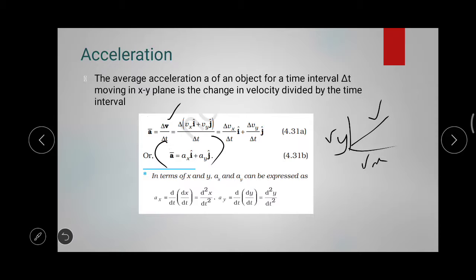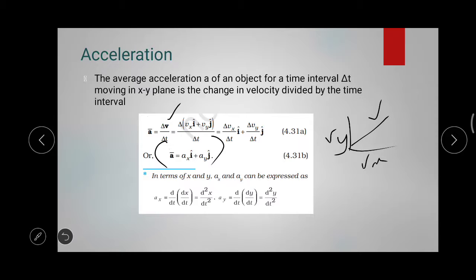Actually, we can define the acceleration in terms of the position, or the displacement, also. That is d square x divided by dt square. We are taking the double, or 2 times, derivative.